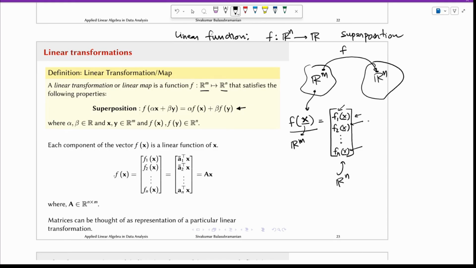Okay. That means we saw earlier that if you have a function, let's say g, that takes elements from Rm and produces a real number, and if g is a linear function, right, we said g of X can be expressed as an inner product operation like this.